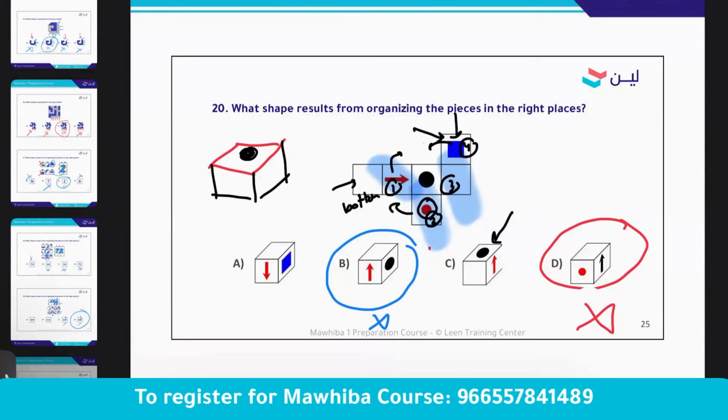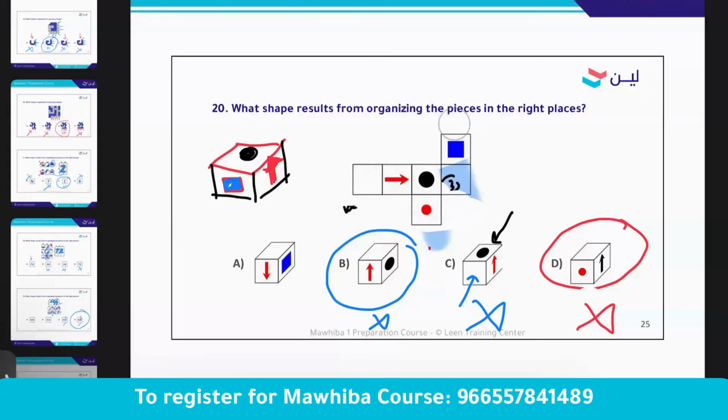If I have the red arrow, definitely one side is either the square, the blue square, or it's gonna be the yellow, the red dot. Can you see any of them over here? No, actually, none of them is here, boys and girls. So this means that answer number C is incorrect.